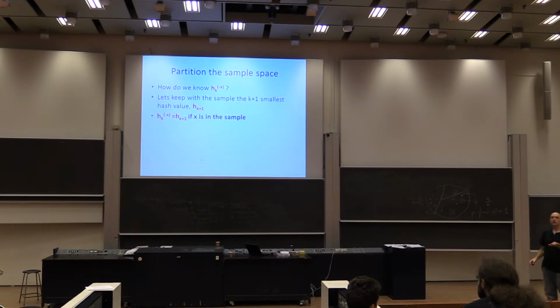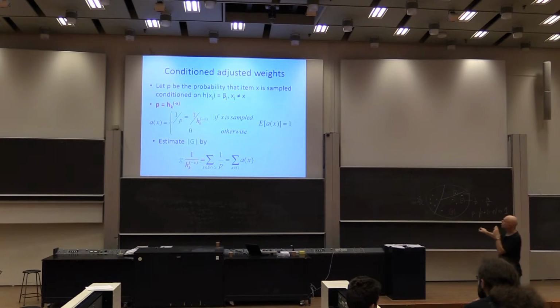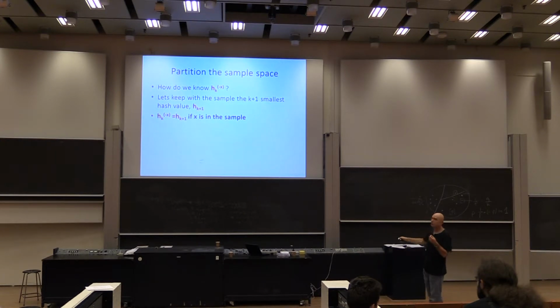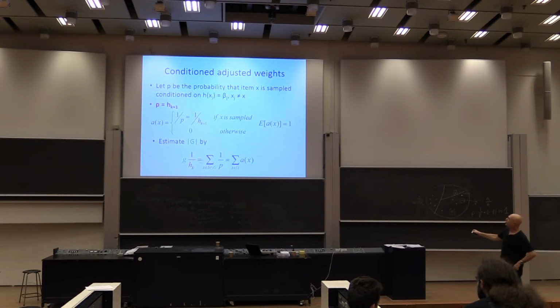When you look at your sample, you count how many green items are there, and your estimate is going to be, I'm sorry, I'm going backward. Your estimate, so you have this H_{k+1}. When X is in the sample, this H_{k+1} is going to be the same as this kth largest among the items that are not X. So I have this value in my sample, and I'm going to count how many green items are there.